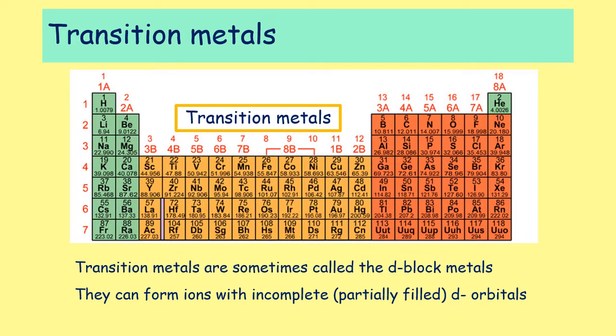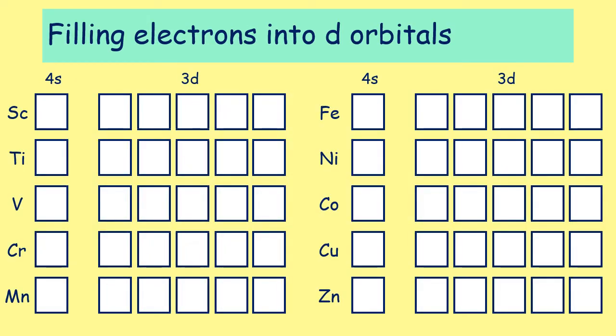For example, zinc, because zinc always has 10 electrons in the D orbitals, therefore it does not have partially filled D orbitals, so it is not a transition metal even though it is part of the D block. So there is a slight variation in definition. They're not exactly the same thing.